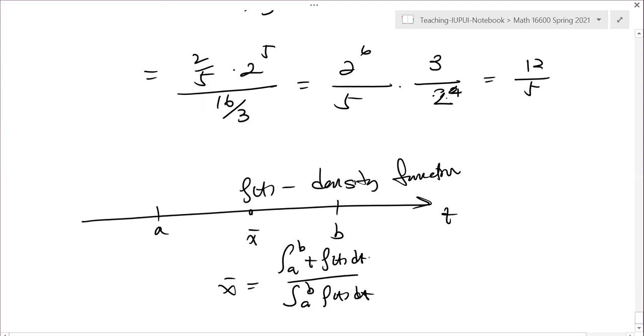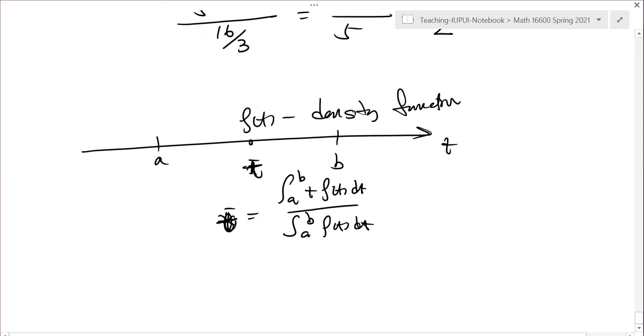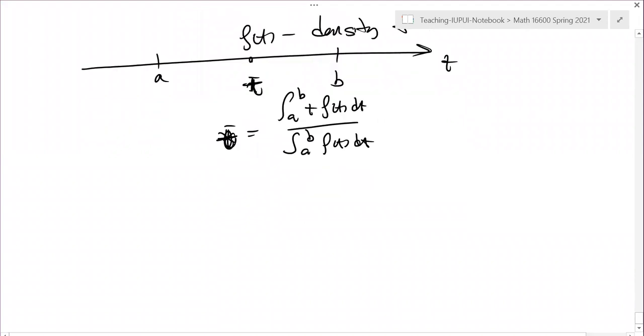If this is the x-axis, then you use the x variable. So this is how we find the coordinate of the center of mass with the density function.